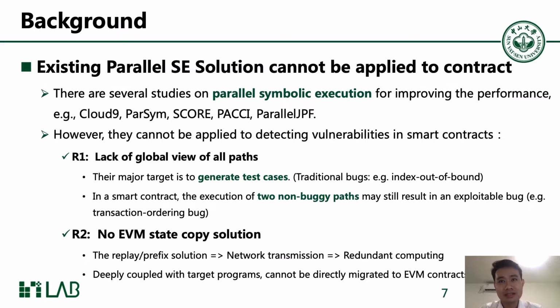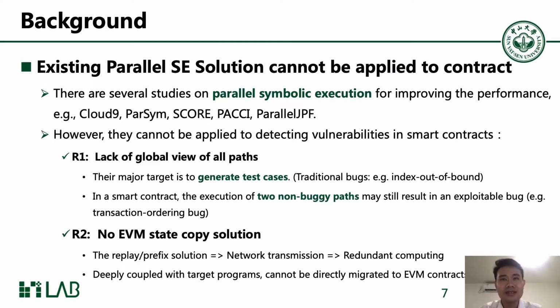One more thing is that existing parallel SE solutions cannot be applied to smart contracts. There are several studies on parallel symbolic execution for improving the performance, such as Cloud9, ParSym, SCORE, PASE, and Parallel JPF. However, they cannot be applied to detecting vulnerabilities in smart contracts for the following reasons.